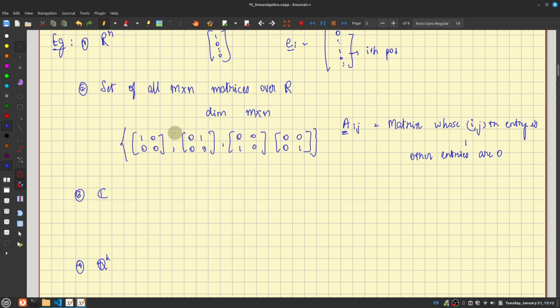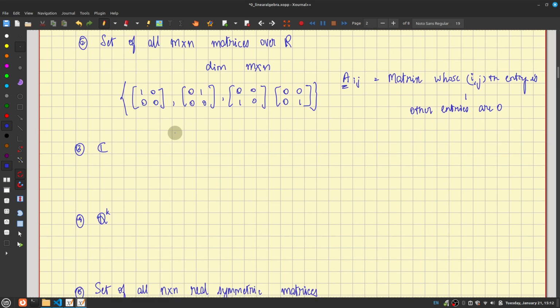Right? Okay. What about the set of complex numbers? Is the set of complex numbers a vector space? Yes. And what is the dimension of this particular vector space? So we're only looking at vector spaces over R. So then it's a vector space with dimension equal to 2.